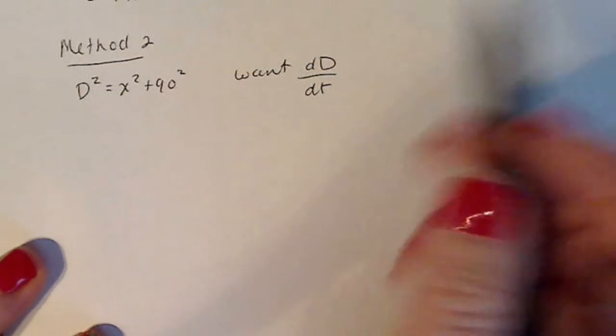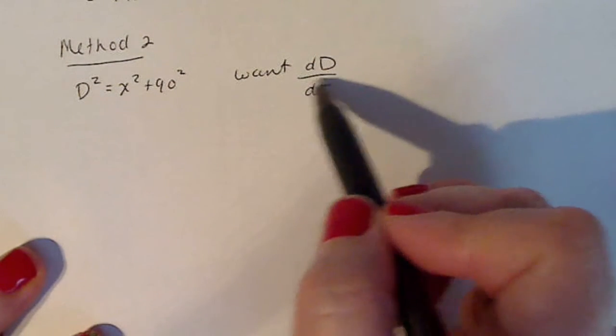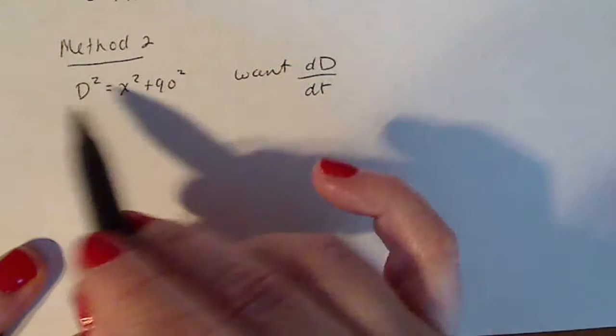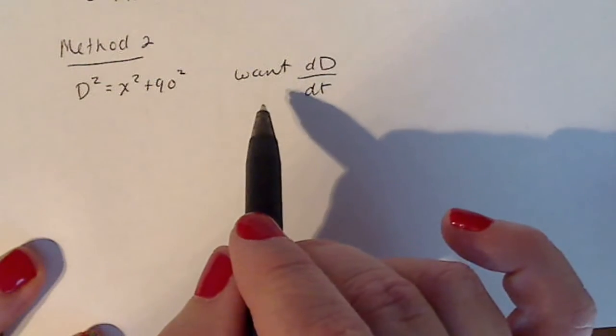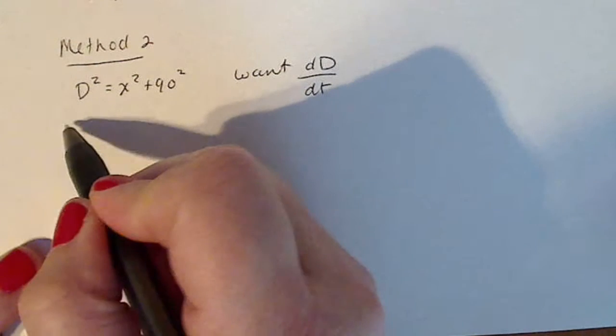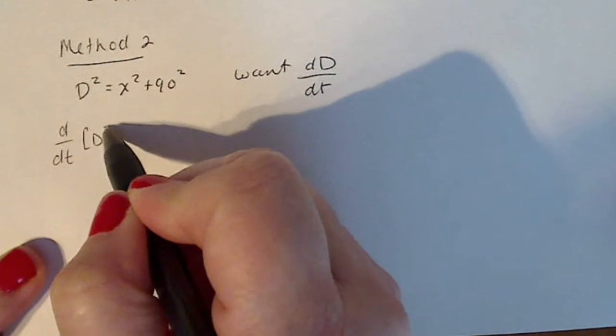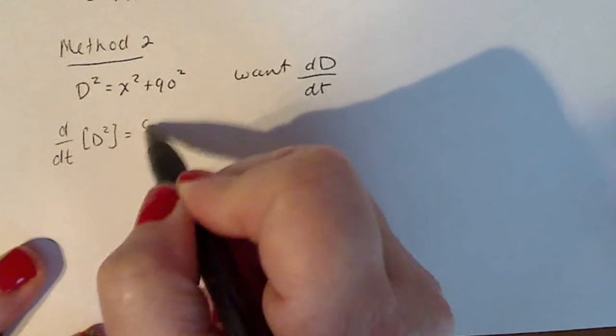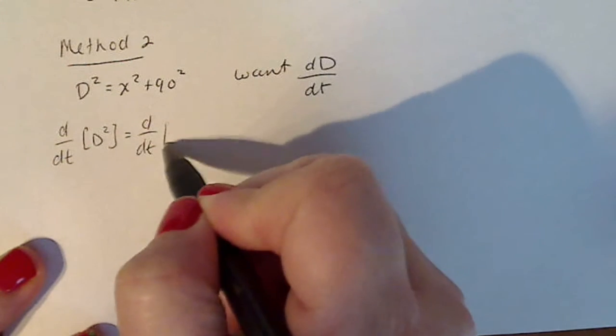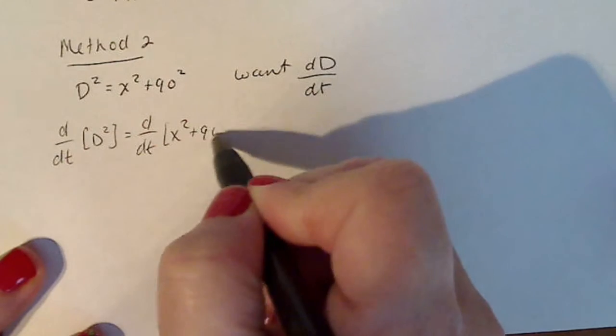So the implicit differentiation says, if I want something with respect to time here, I have to take the derivative of everything with respect to time. So I take the derivative with respect to time of the left-hand side, and I take the derivative with respect to time of the right-hand side.